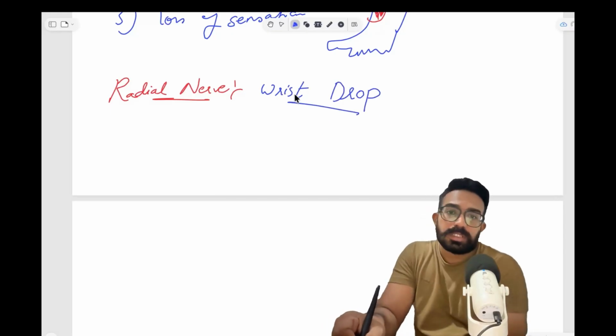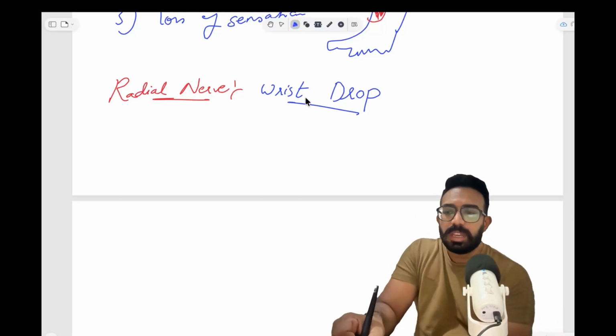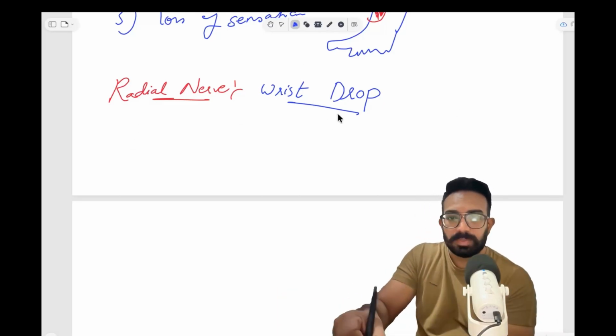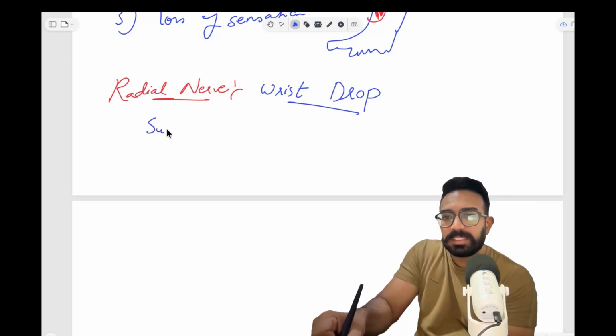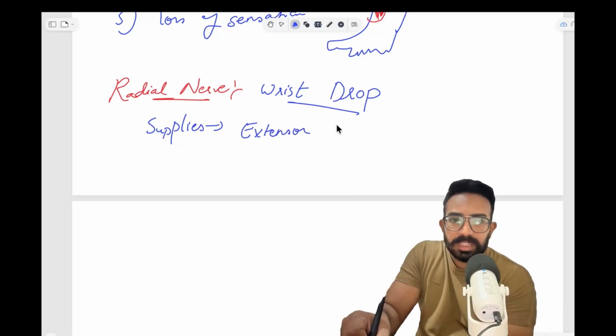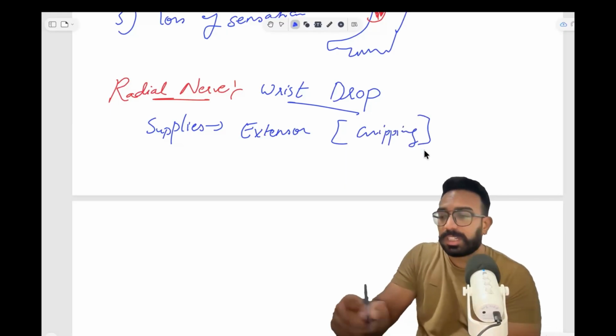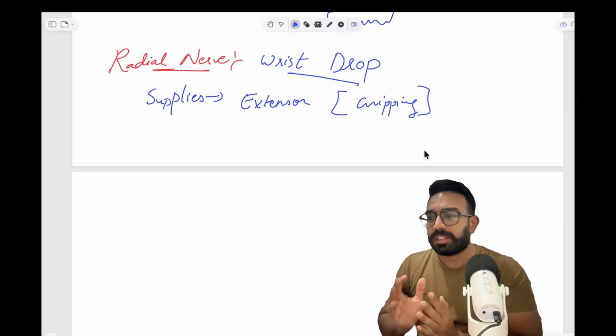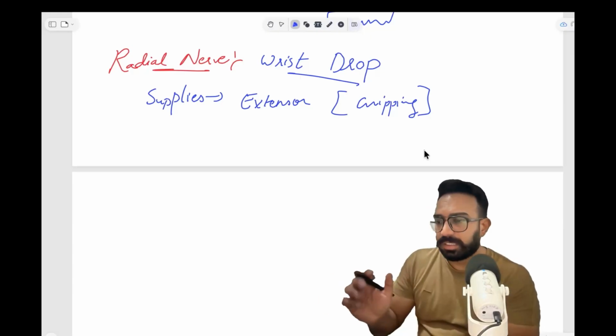Along with wrist drop, there is weakness of any movement of the extensors, because the radial nerve supplies the extensors of the arm, forearm and fingers. So there is weakness in movements like gripping. And with radial nerve injury, there is no major sensory loss.